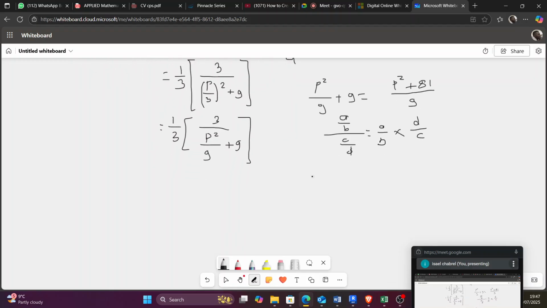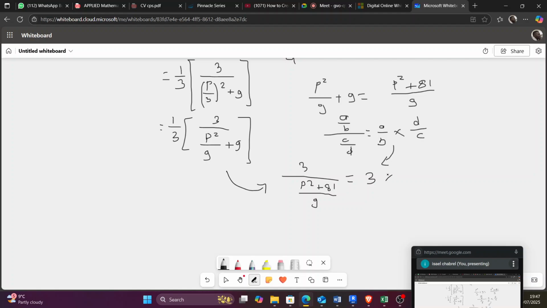In which case, this function here, when you expand, it basically becomes 3 over p square plus 81 over 9. So if we apply this rule here, the first fraction will be 3. Multiply by the reverse.